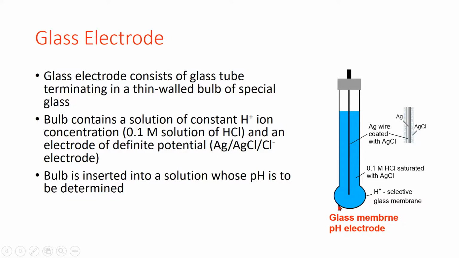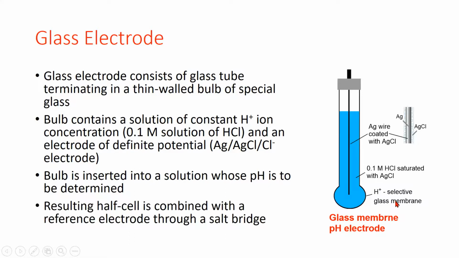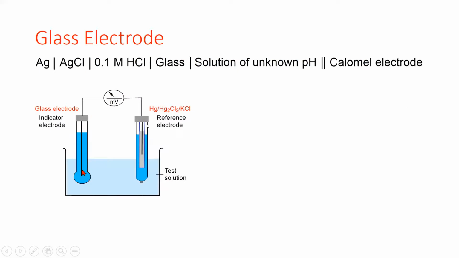Bulb is inserted into solution whose pH is to be determined. Resulting half cell is combined with the reference electrode through a salt bridge. Glass electrode is combined with calomel electrode through salt bridge.